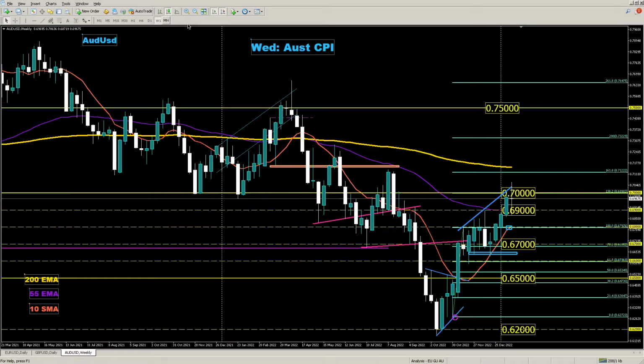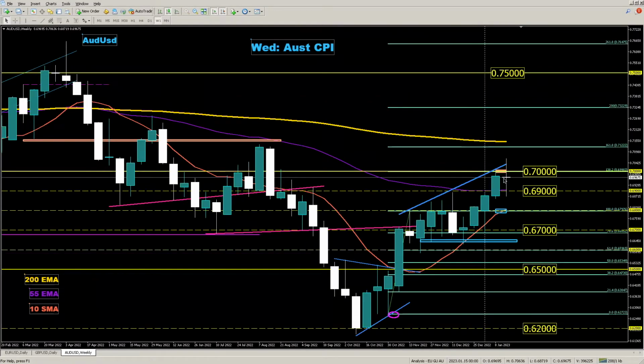And for the week, it closed as a doji after testing the upper trend line, pulling back lower to the range of the previous week, and then recovering back to close at the open again. So let's see this week whether it's going to try to continue to push through the 70, or whether it's just going to retrace back lower. And the CPI figure will create some volatility on Wednesday.